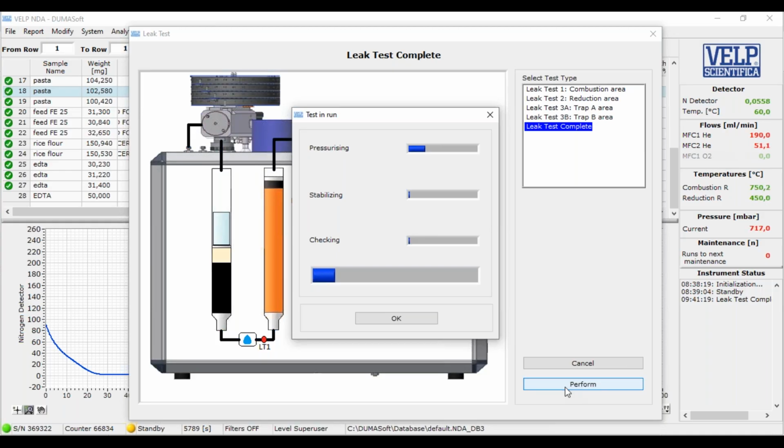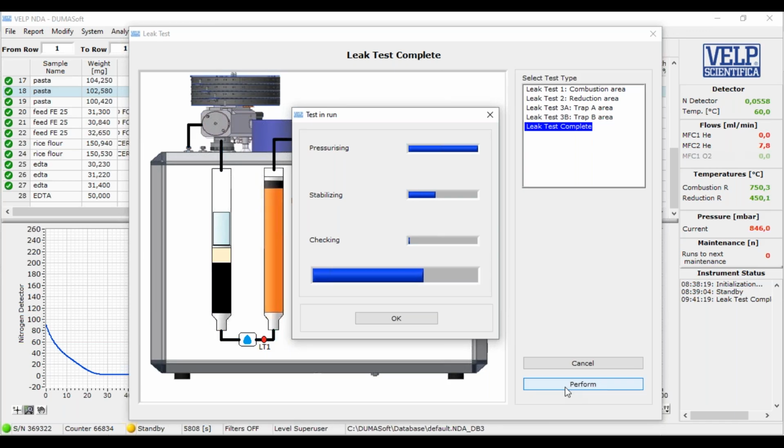Thanks to the DumaSoft, if the leak test result is not okay, you can perform a single leak test for every specific area of the instrument, in order to identify the leak and fix it.